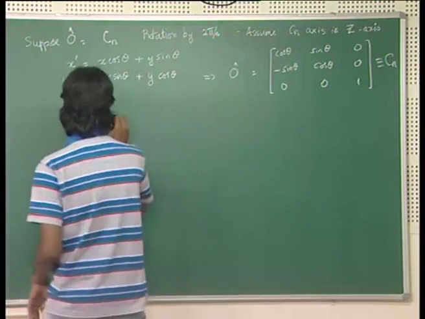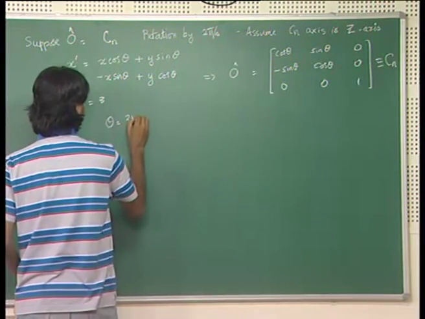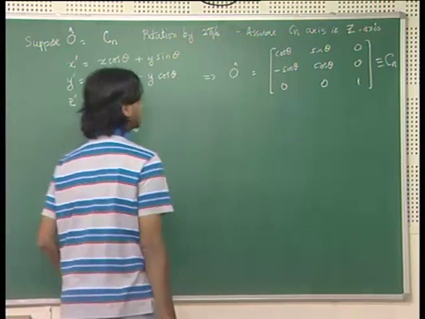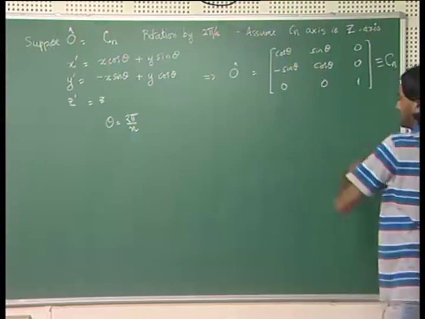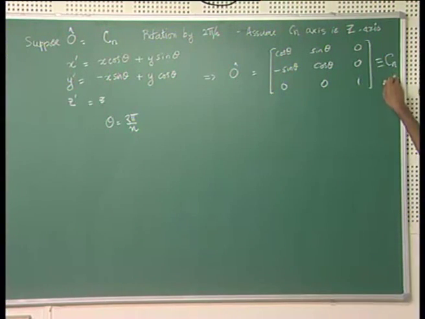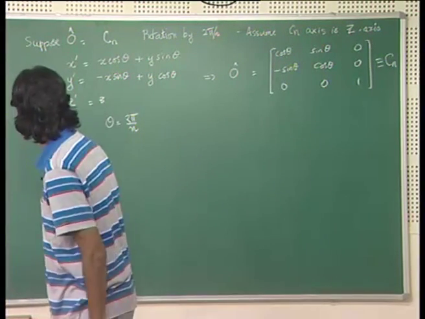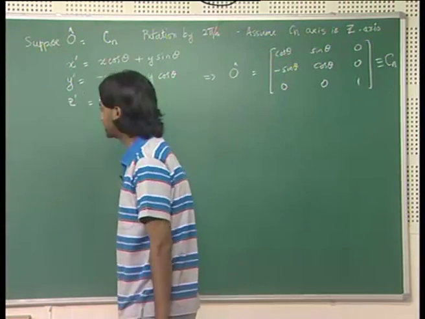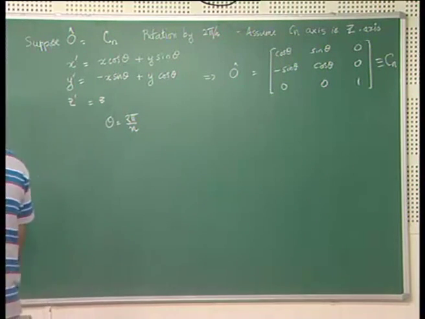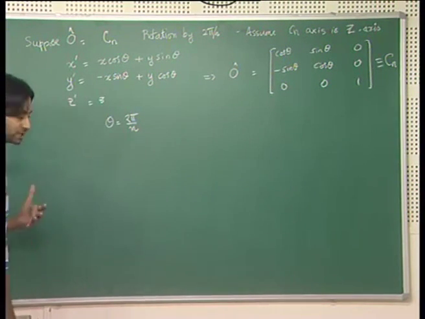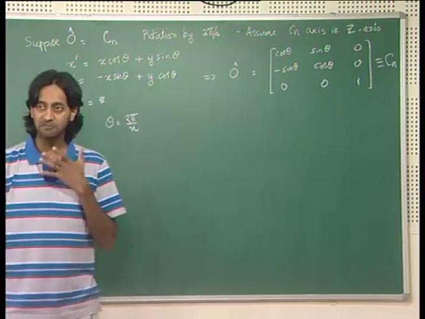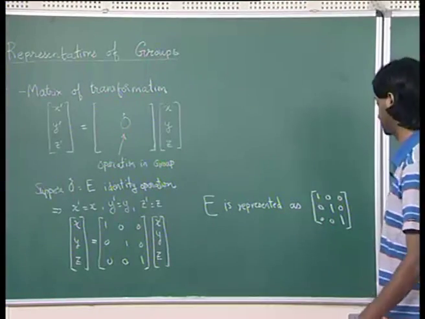So, this is a representation of C n, where you should mention theta equal to 2 pi by n. So, with theta equal to 2 pi by n, this is a representation of the C n operation. The C n symmetry operation is represented by this matrix, the identity is represented by this matrix. Similarly, we can represent other operations also by this matrix, but I won't go into the details. You can take a group and you can represent every operation in a group in this matrix form.